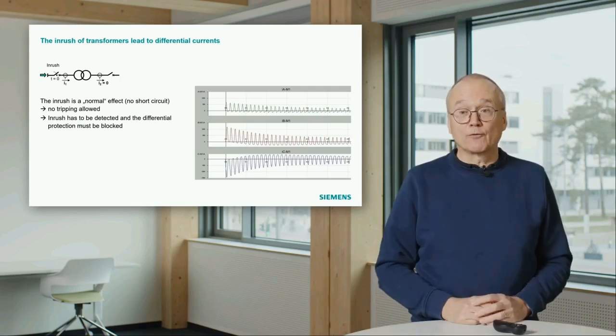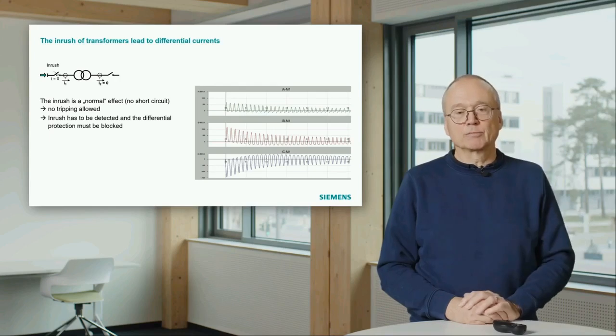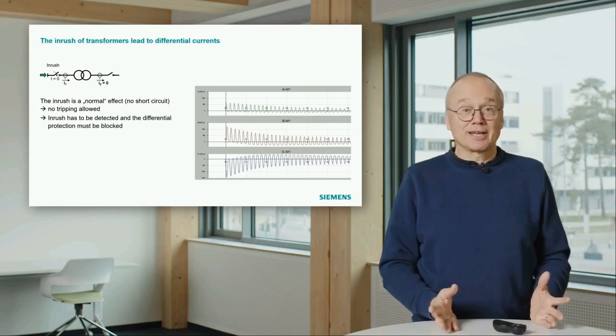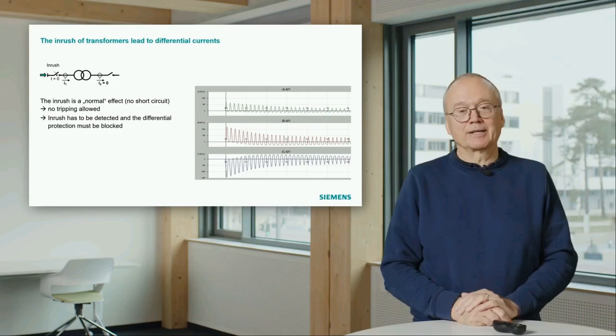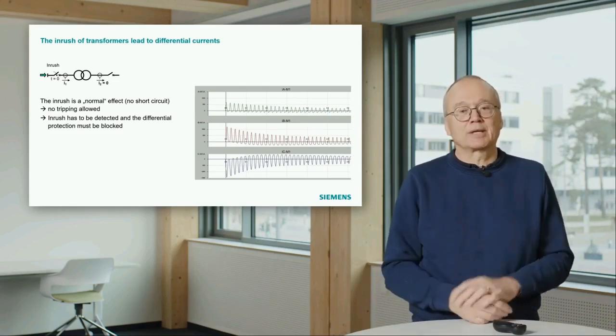We could have a short circuit in the transformer, somewhere in the bushing, an earth fault or whatever. And then energizing it without protection running is not a good idea. We might burn down the transformer. The whole thing might explode. So never do that. That means we must think about something else.